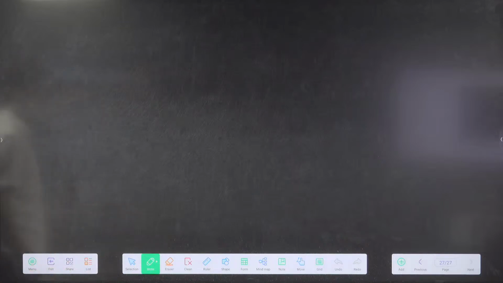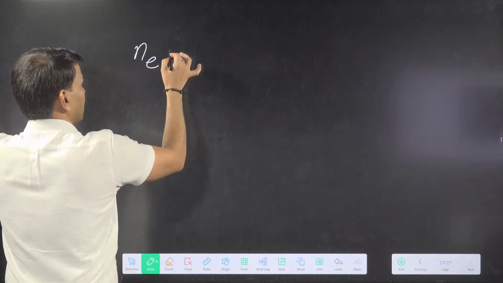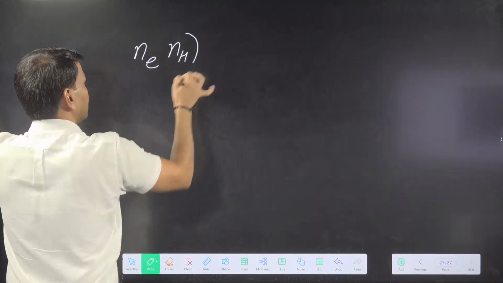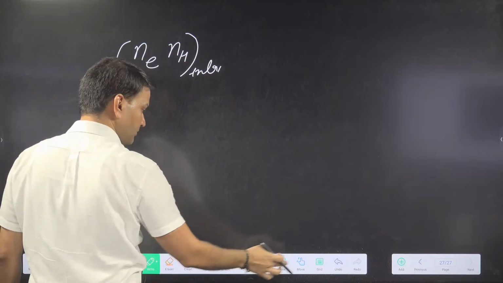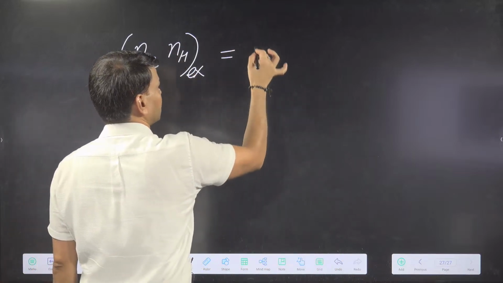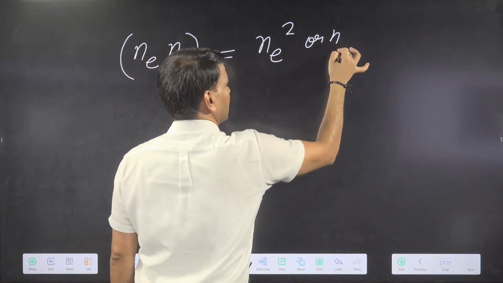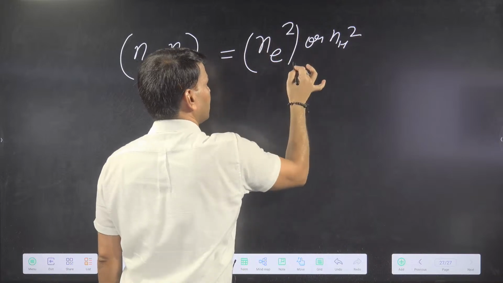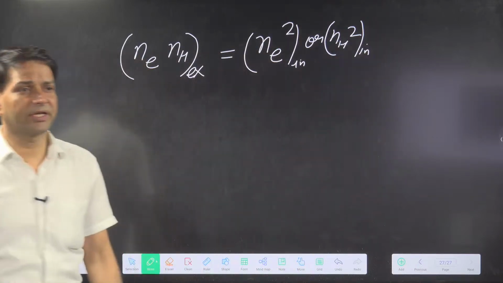For any semiconductor, this relation we have to remember: number density of electron times number density of hole in an extrinsic semiconductor is equal to Ne squared or Nh squared in the intrinsic semiconductor.